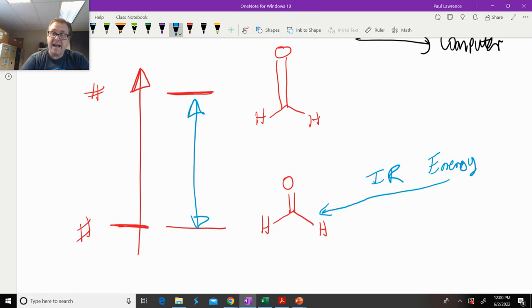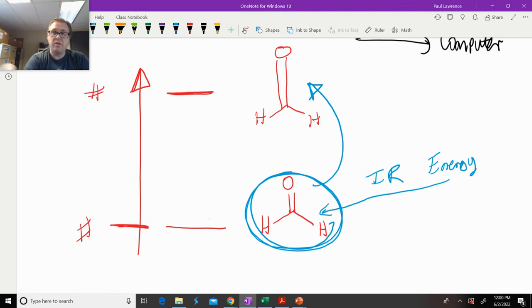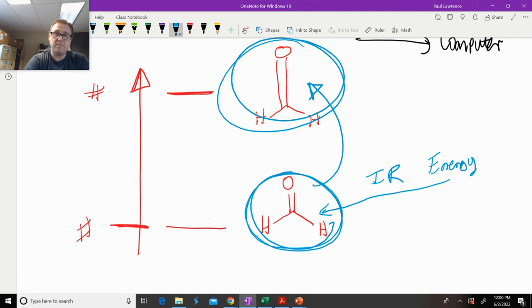So if we zap this mode with this amount of energy with an infrared photon, then we can promote this molecule to do that stretch. And now the molecule is going to be in this energy state.